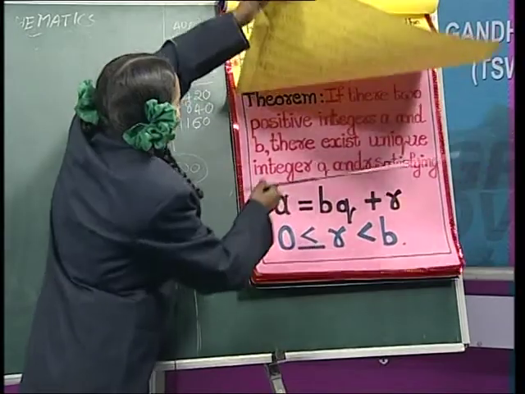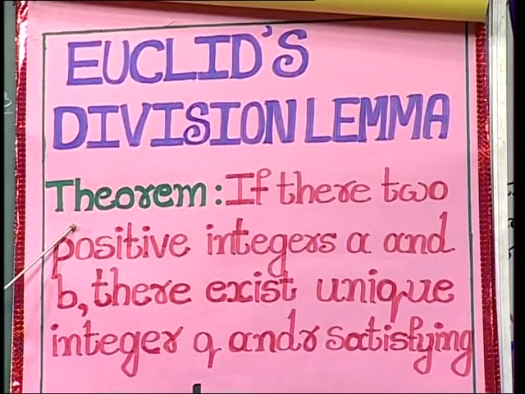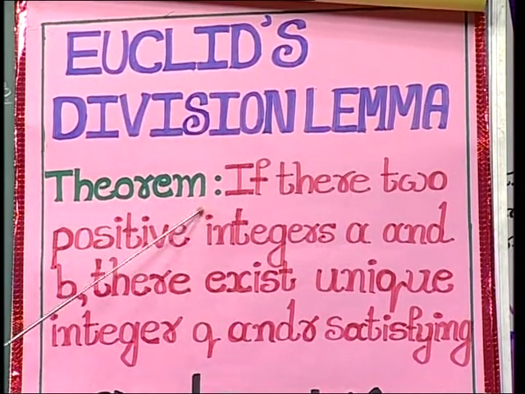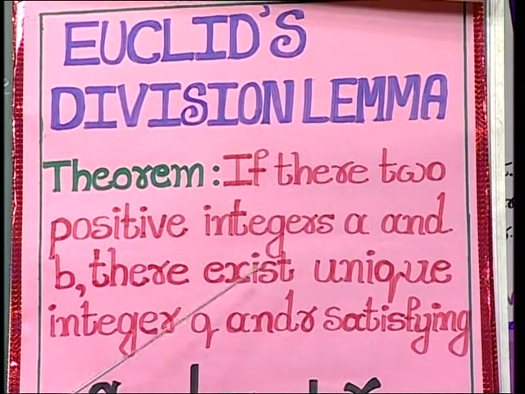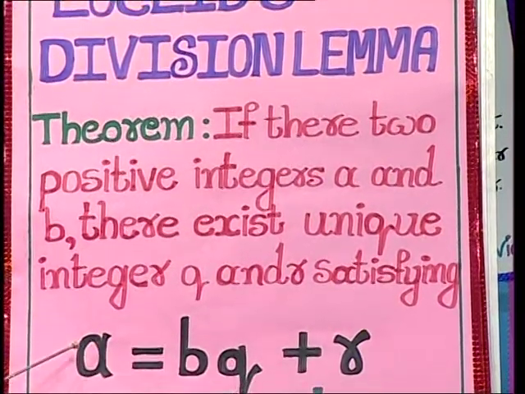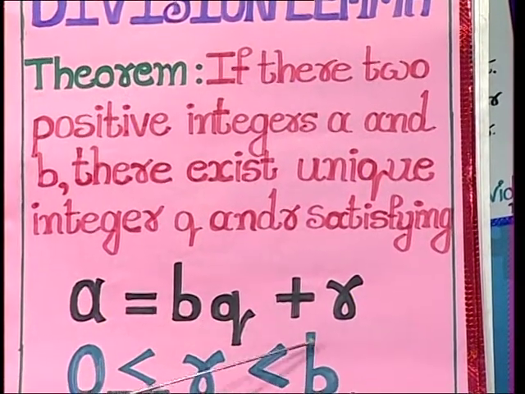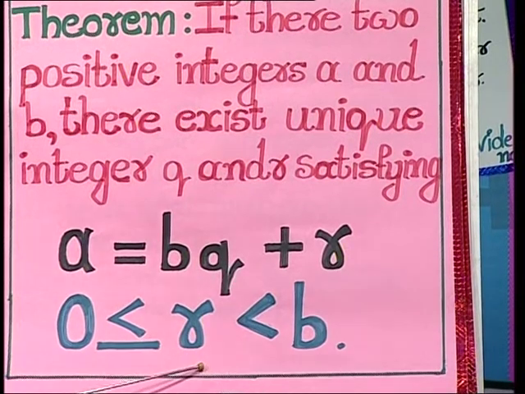Okay, next we discussed what is Euclid's division lemma. Here I already told you the theorem of Euclid's division lemma: if there are two positive integers a and b, there exist unique integers q and r satisfying the condition a equal to bq plus r, where 0 is less than or equal to r and r should be less than b.